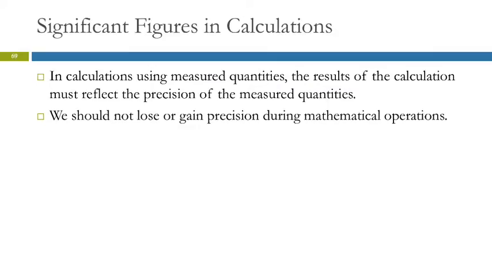So in calculations, your calculator does not understand sig figs. It'd be really awesome if they did make one that did, but they don't. So we have to watch out for the sig figs because we shouldn't gain or lose precision just doing a mathematical operation.